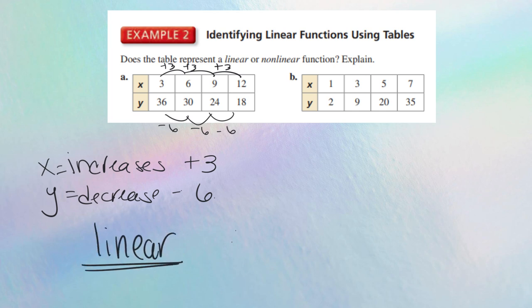It is constantly changing, okay? So remember, a linear function needs the rate of change to be constant. Everything is changing constantly. Let's look at B. What is X changing by? By 3?